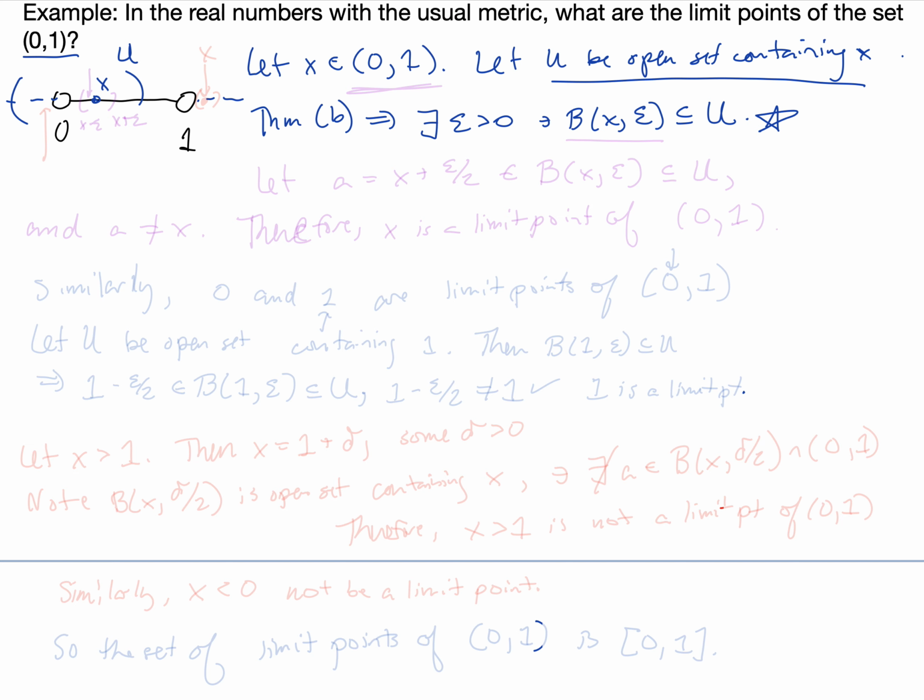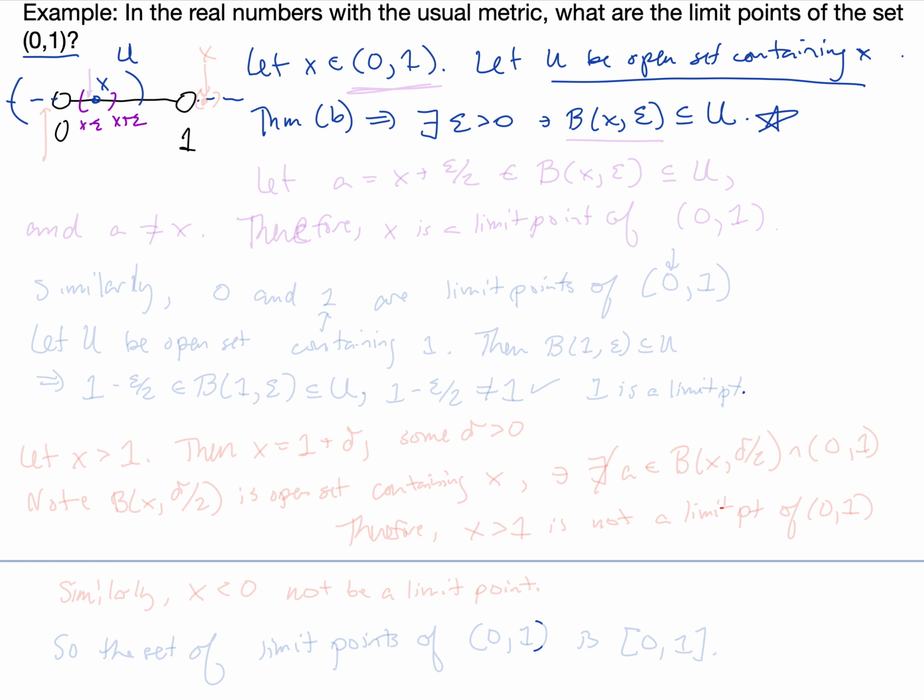So what we're saying now is that there's some ball of radius epsilon, so this would be x minus epsilon to x plus epsilon, contained in the set U.